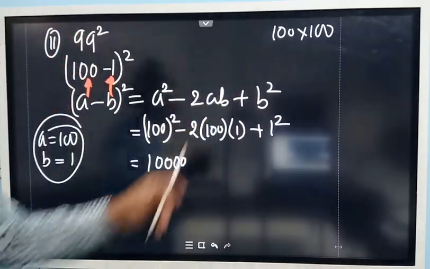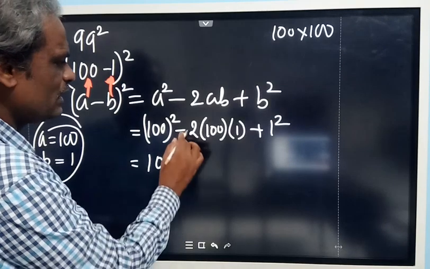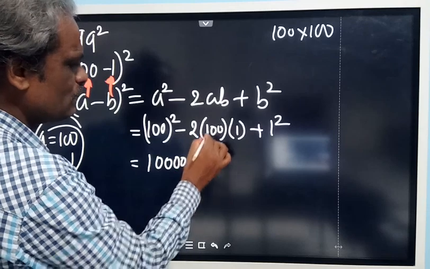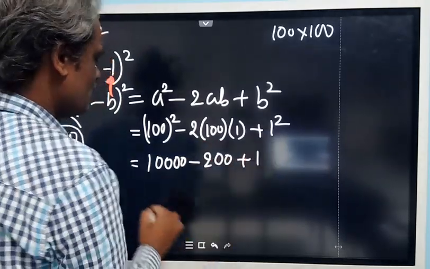Here also, 2 into 1 is 2, followed by 2 zeros. Then 1 square means 1.